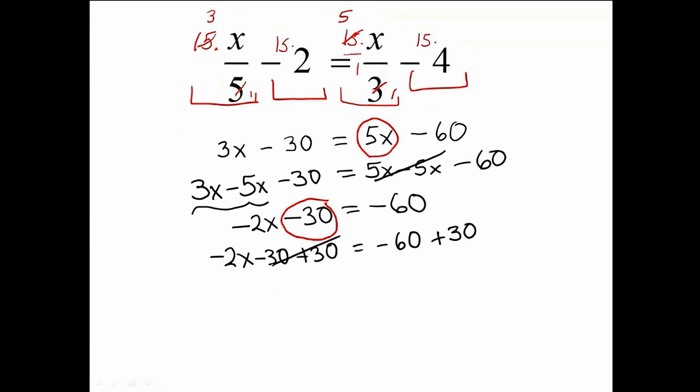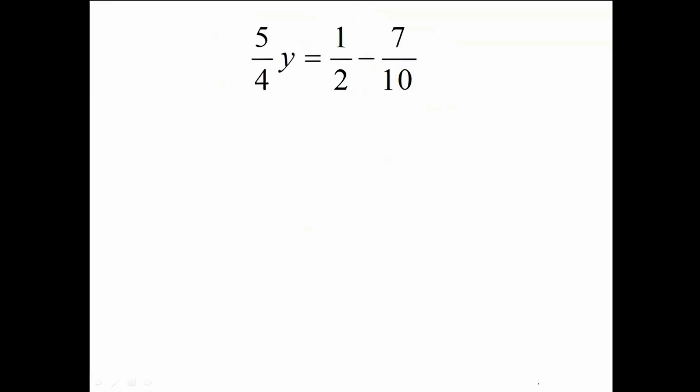And on the left, our minus 30 cancels to leave us negative 2x. On the right-hand side, watch your signs. You have different signs, so subtract, sign of the larger. And now go back on the side with x, and we're going to divide out our negative 2. So that leaves us x equals a positive 15.